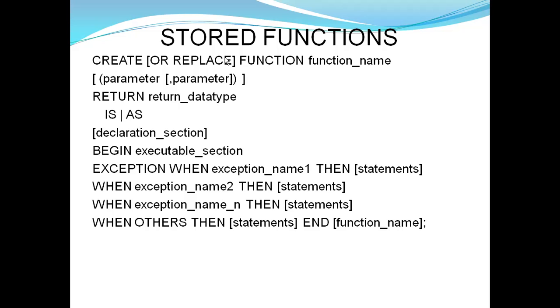Then the list of parameters. Along with the list of parameters, we have an additional thing: return, and the data type. What you are returning may be a date, a number, or a character, so according to that, you write the return data type. Then AS, and after the AS, everything is the same.